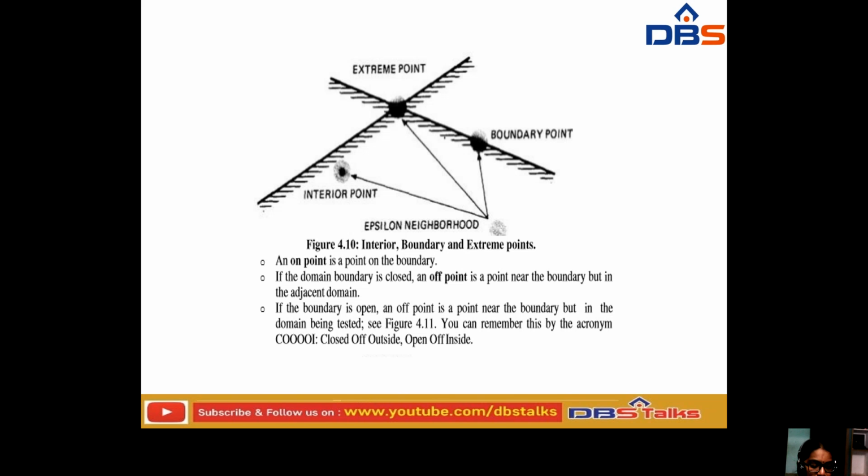If it is the boundary point, along with this boundary point he has to check. If it is not a boundary point, then when you are testing for the extreme point, at that time we can test. First of all, that one we have to see. And next we have to see about the extreme point.